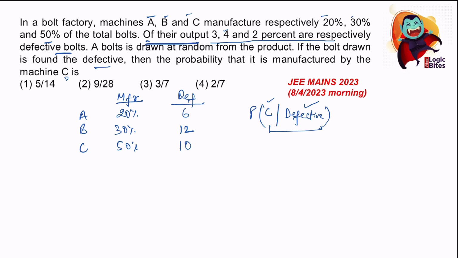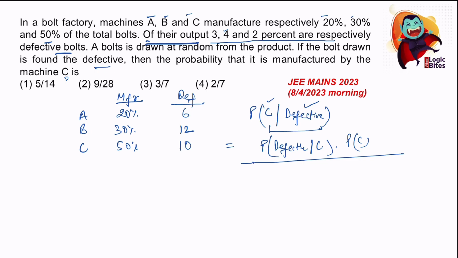So it can be written like this: probability of drawing a defective bolt from machine C multiplied by selection of machine C, probability of C, then total probability.